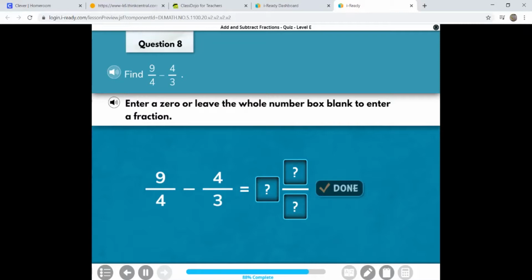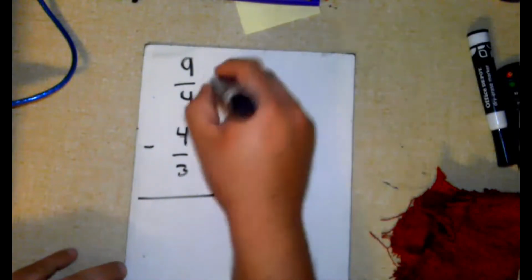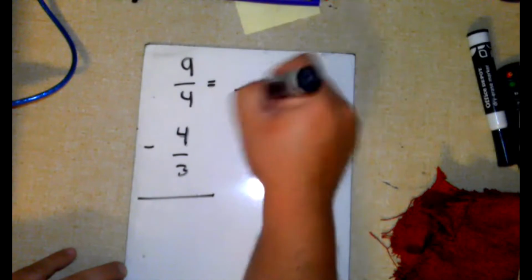So let's go ahead and write down 9/4 subtract 4/3. So write that down. 9/4 subtract 4/3. And let's go ahead and look at it real quick. Okay. So we know that we want a common denominator of 12.